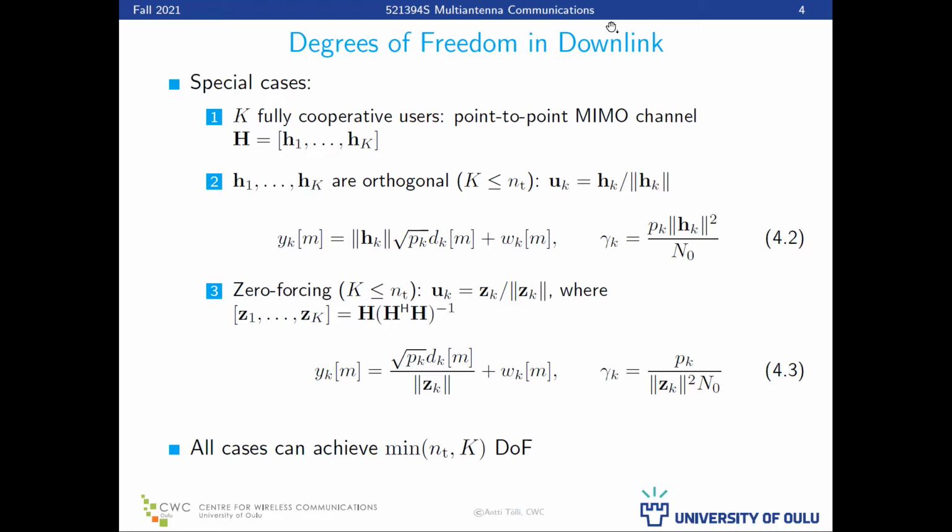If we try to serve, let's say, 5 users with 4 antennas, zero forcing would not be possible. You can see that this would be a 5 by 5 matrix, but rank 4. So there's one 0 eigenvalue of this matrix, and the inverse of 0 would be infinity. So the output is 0. If you try to do zero forcing for 5 users with 4 antennas, all the SINRs would be 0.